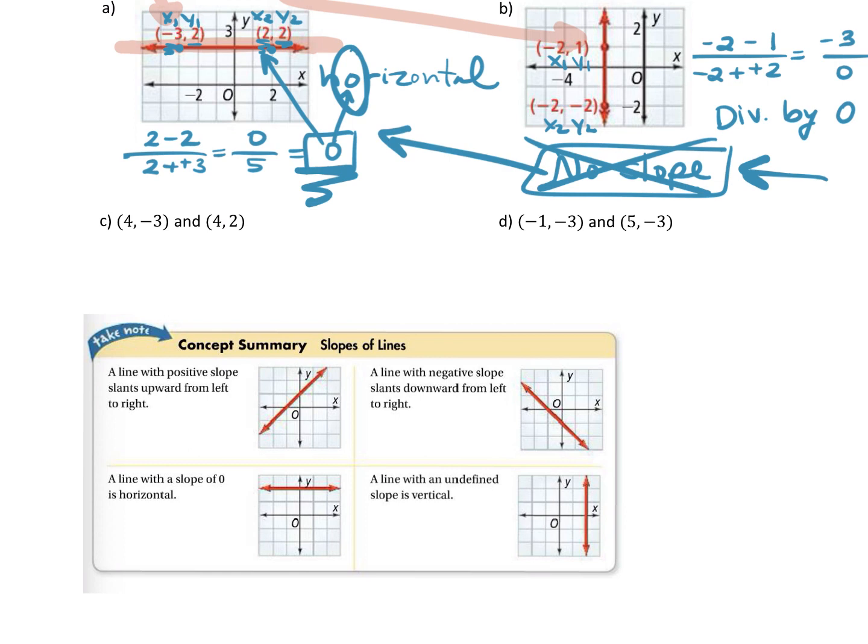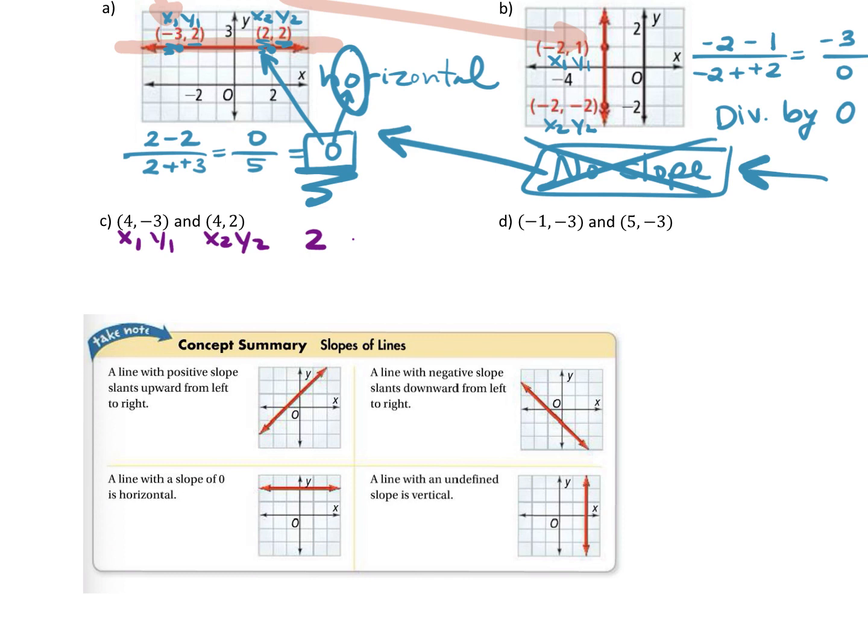Okay, so here's what I want you to do. I want you to find the slope of C and D right now. Plug those into the slope formula. What'd you get for C? Undefined. So if this is x1, y1, and x2, y2, right?